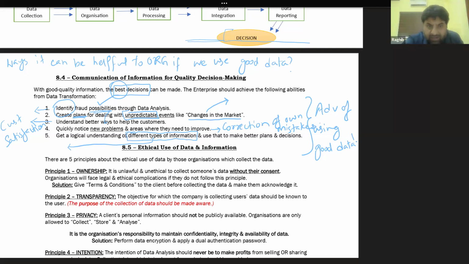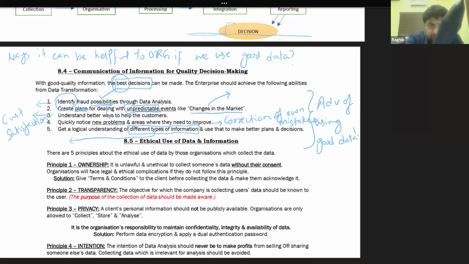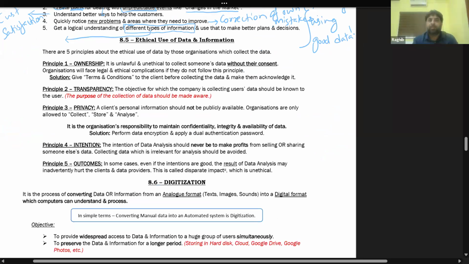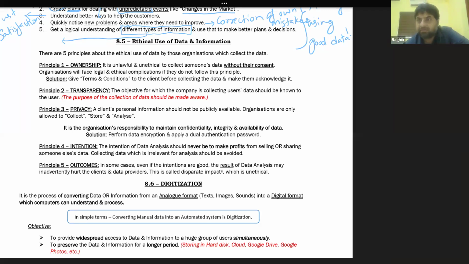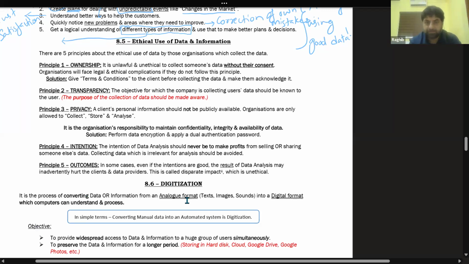Now, going further ahead, we have 8.5. One of the most important descriptive type of questions asked in the exams from various attempts since the start of this syllabus.